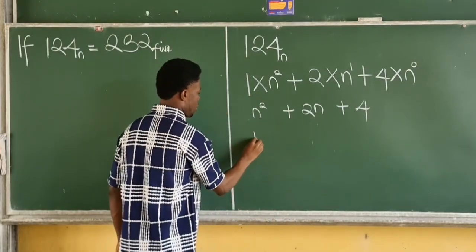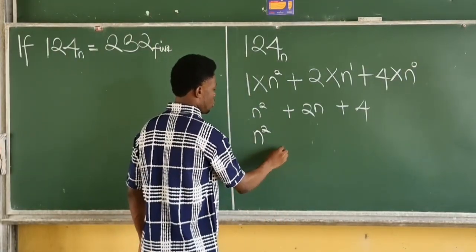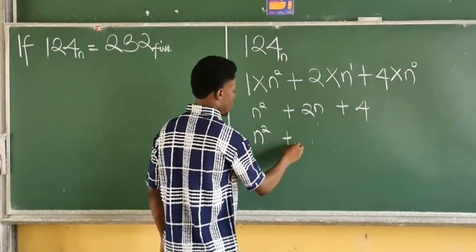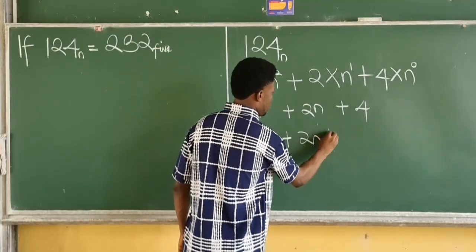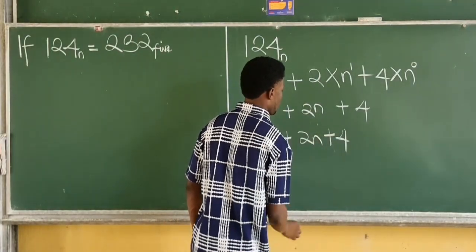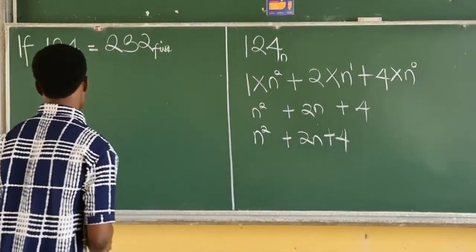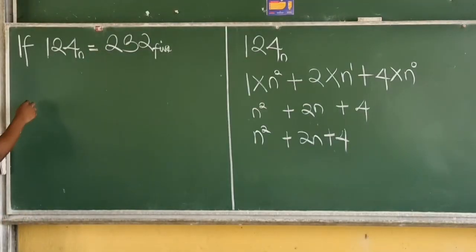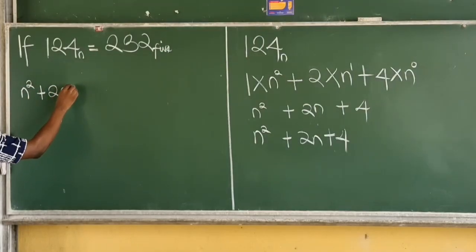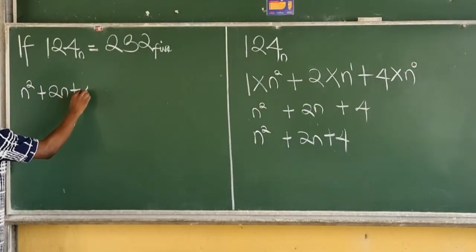Therefore, we have n raised to the power of 2 plus 2n plus 4.